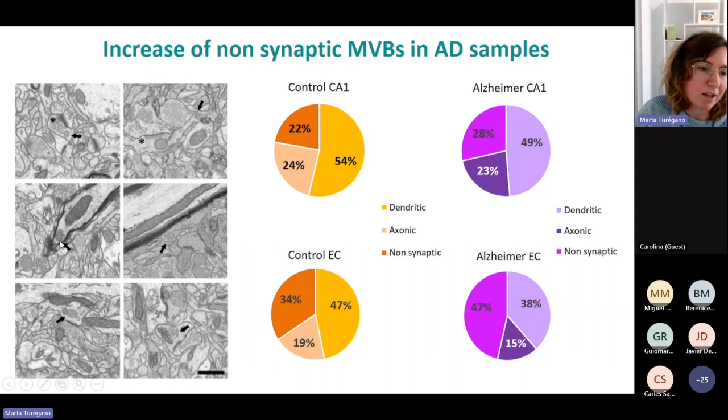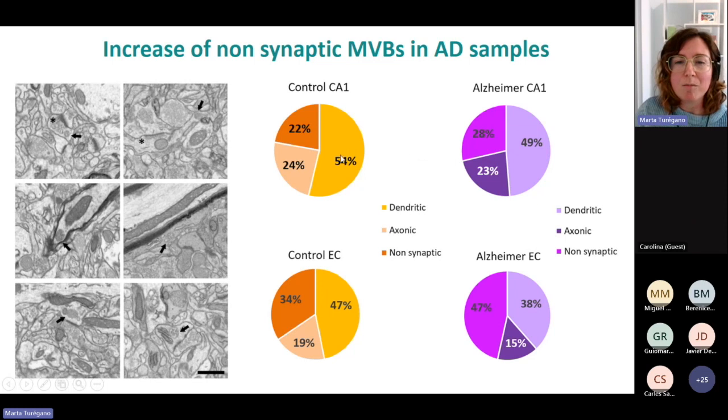Here we can identify them in a myelinated axon, in glial cells, in dendrites, and even in the dendritic spines. So we have identified that. And then we can see that the main percent of multivesicular bodies are located in dendrites, okay?